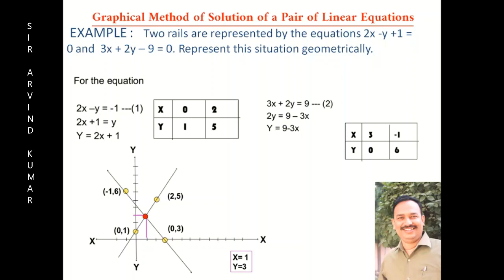Here this red dot gives us the solution point. Actually the solution is the point of intersection of these two lines in the graph. So here we have got this red point. When we drop a perpendicular from the red point to the x-axis and to the y-axis, it gives us x is equal to 1 and y is equal to 3.